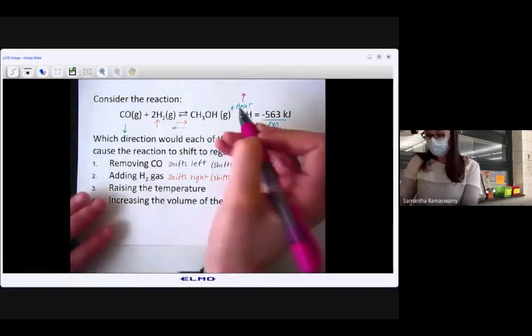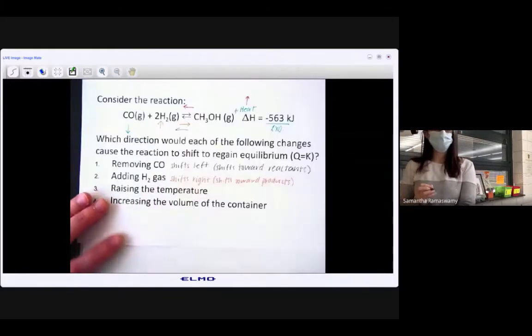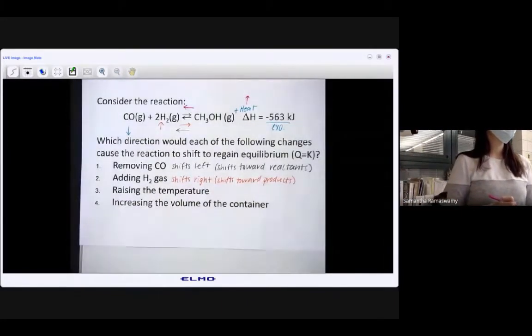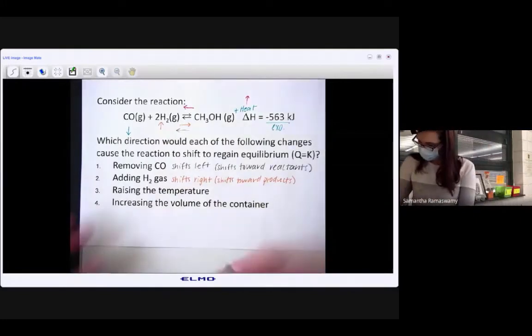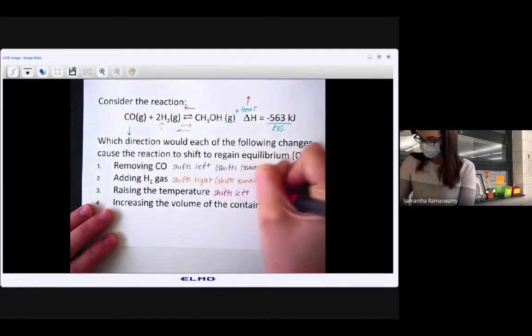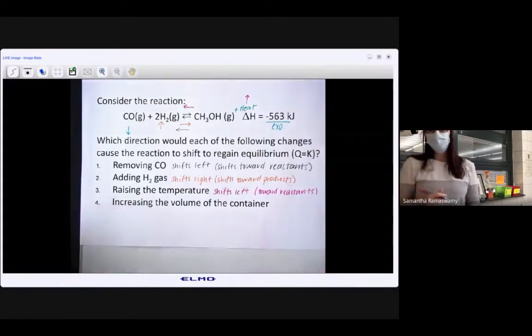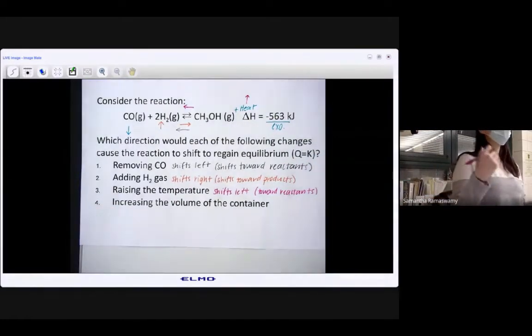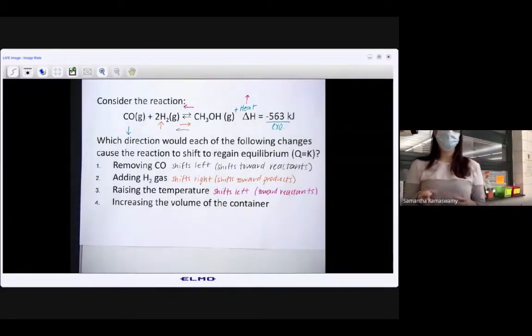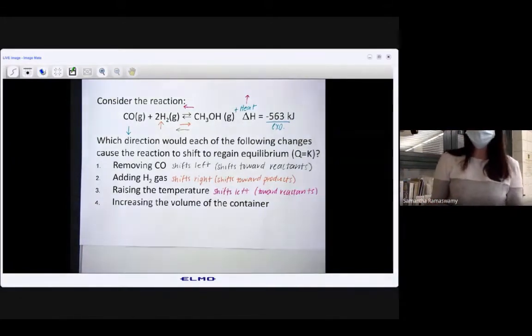So if we now have too much product, we need to use up the product, make more reactant. So for this one, we would say shifts left or shifts toward reactants. In all of these, we're shifting in a way that's trying as much as possible to undo the change that we made. And then finally, number 4, increasing the volume of the container.